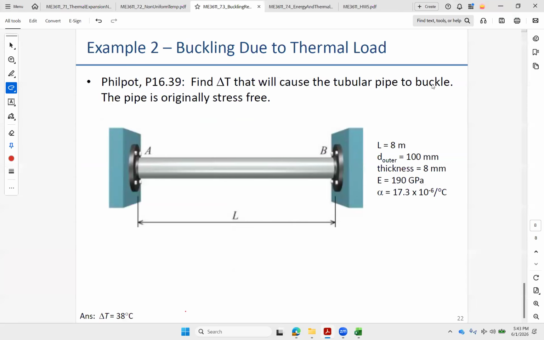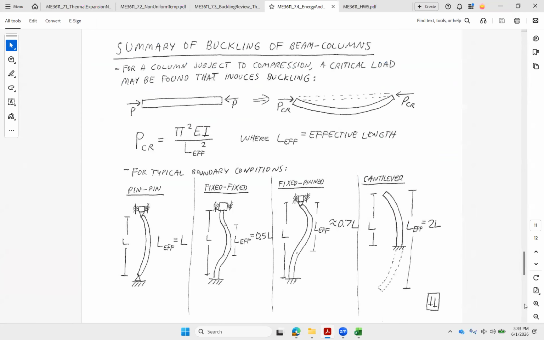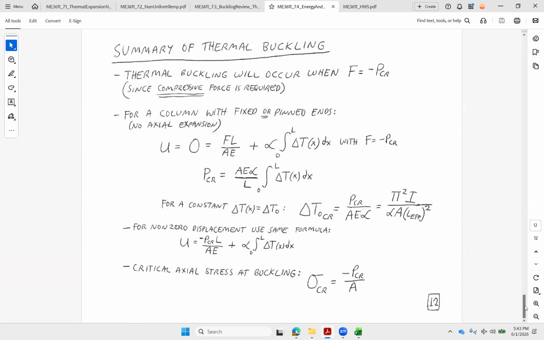All right, so that covers everything that we need to know about buckling. There's our buckling information. And then here on the last slide of our summary set, we know thermal buckling is going to occur just like any other buckling occurs at compressive P critical. So F, which is our axial force, tension positive, F equals minus P critical.